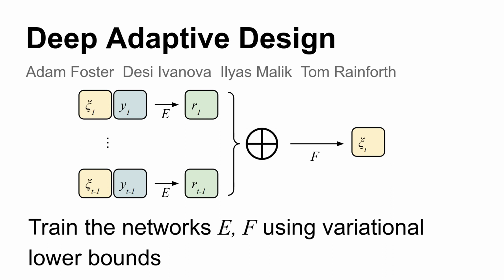And the idea is to build a neural network which takes as input the design and observation pairs from the previous steps of a sequential experiment, and then it processes them using this sort of neural network architecture to give the next design. And then we can actually train the neural network itself using variational lower bounds, which we can sort of extend from the one-step case to the sequential case. So that's just hit arXiv, and I'd encourage you to go and check that out for more details.